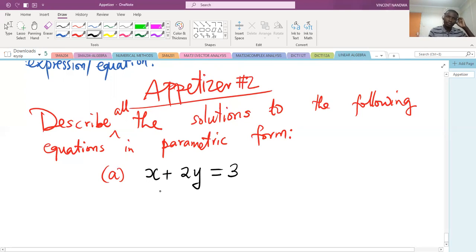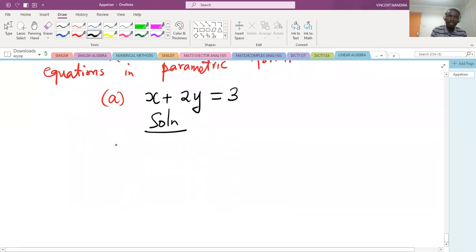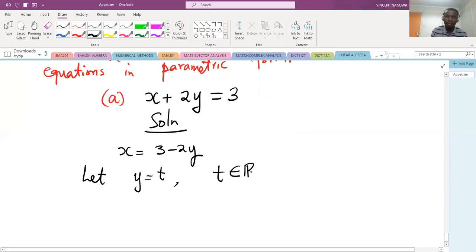So solution. First way, you can say x equals 3 minus 2y. So here we have made x the subject. And then once you have made x the subject, you make the other variable the parameter. Let y be given by t, where t is any real number. So this t is what you are calling the parameter.